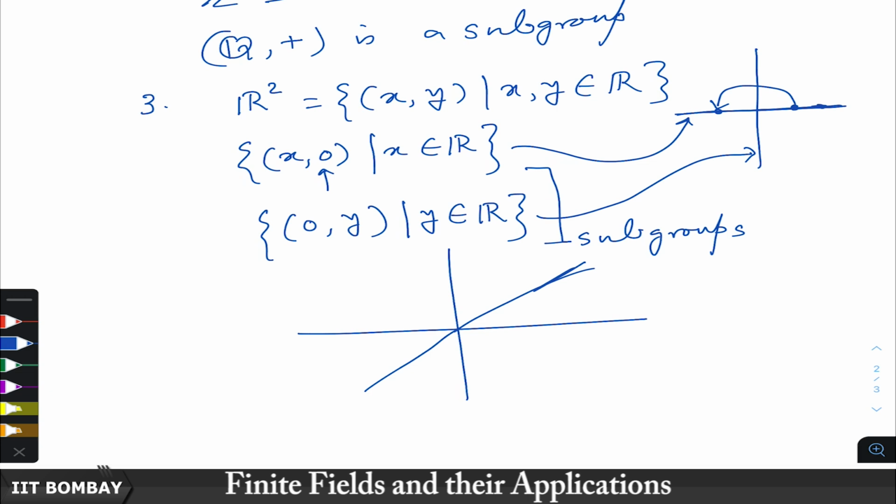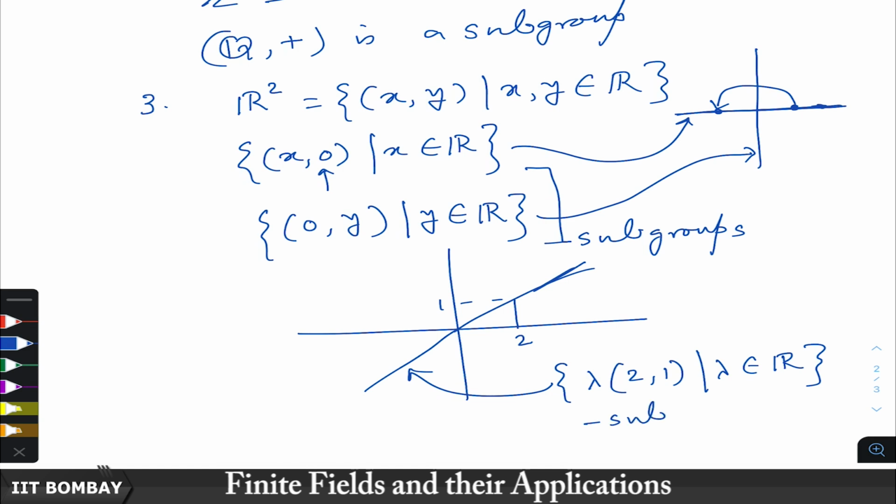In other words, you can take any slope, for example 2 and 1, and this set is then denoted by lambda times (2, 1), where lambda is a real number. Take all multiples of the vector (2, 1); this is the subset that corresponds to this line, and this is also a subgroup.